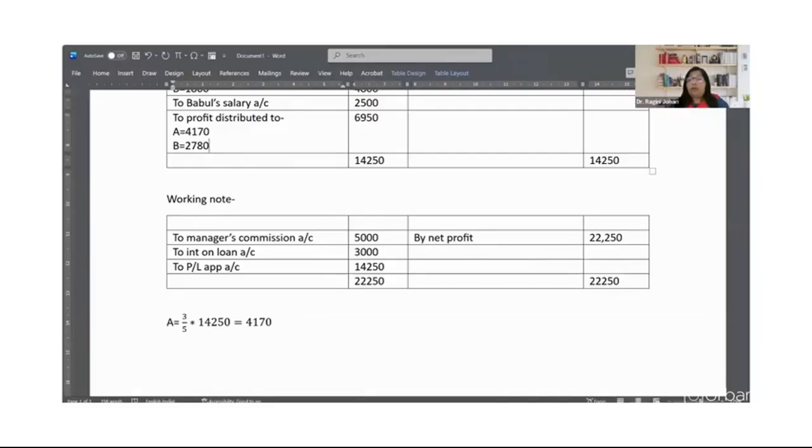Okay, fine. Now this question talks about making the P&L appropriation account and partners capital account as well. So very quickly, let's make the partners capital account also.